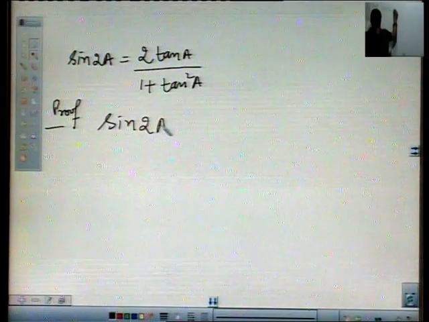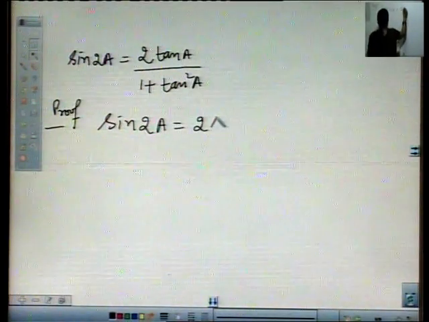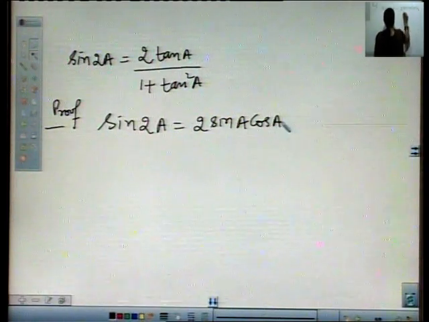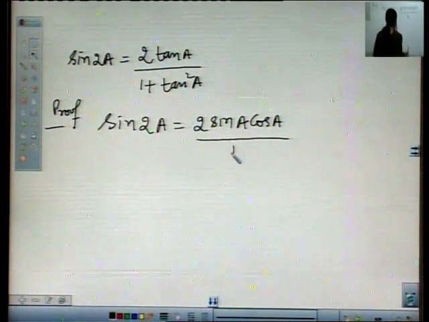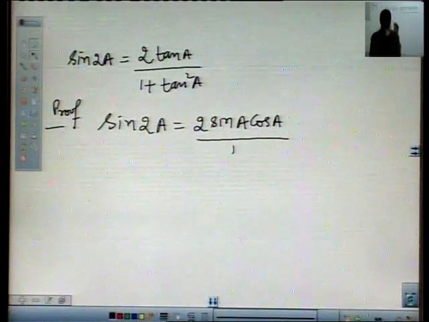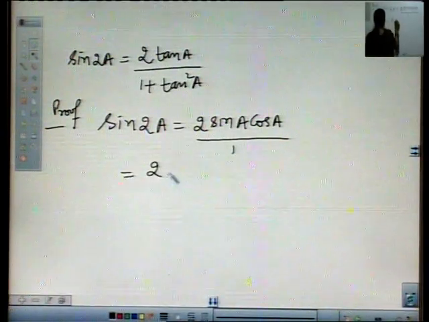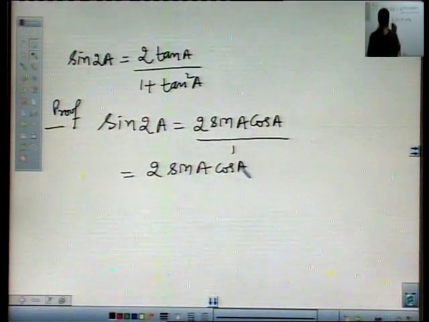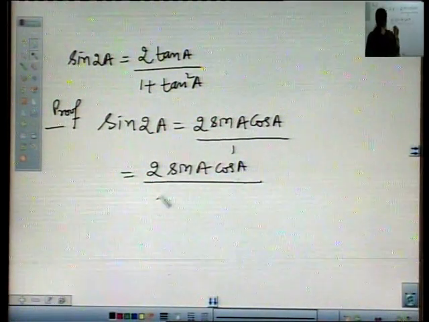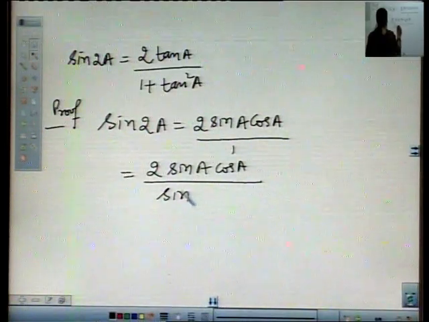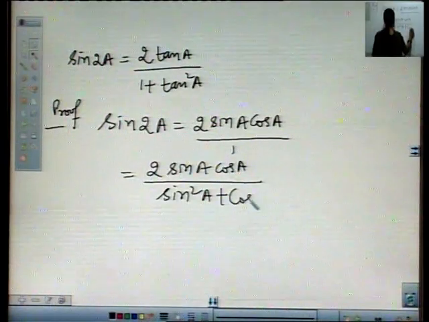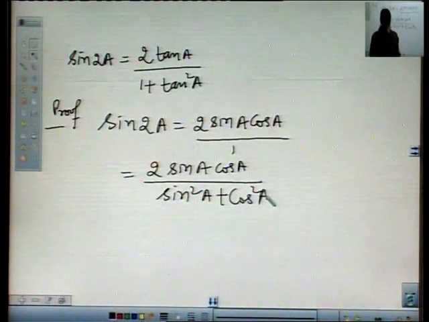Sin 2a is equal to 2 sin a cos a, and here is 1 in the denominator, and we can write 2 sin a cos a over 1, and 1 is equal to sin square a plus cos square a.